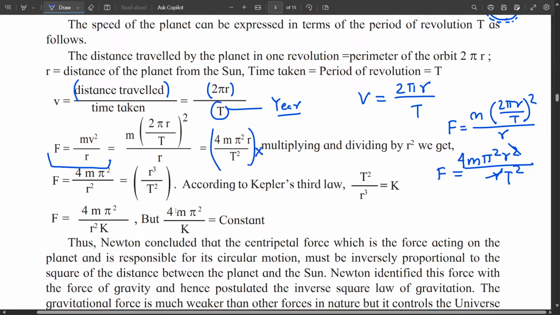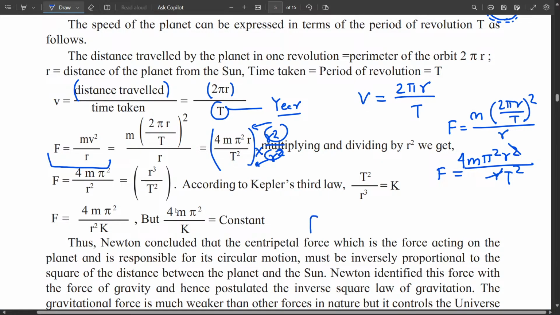Now if we multiply this by r square divided by r square, now r square divided by r square is nothing but 1. So if we multiply a fraction by same number in the numerator and the denominator, value of fraction will not change. So if we multiply and divide by r square, then what we will get?